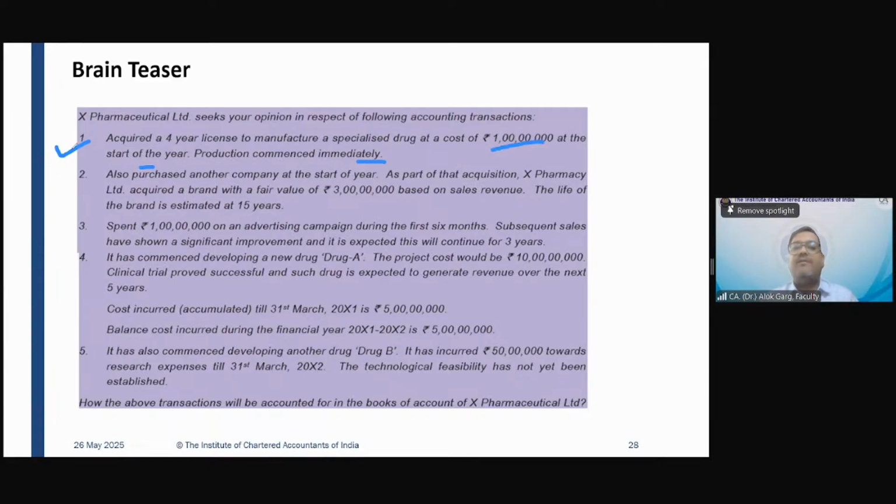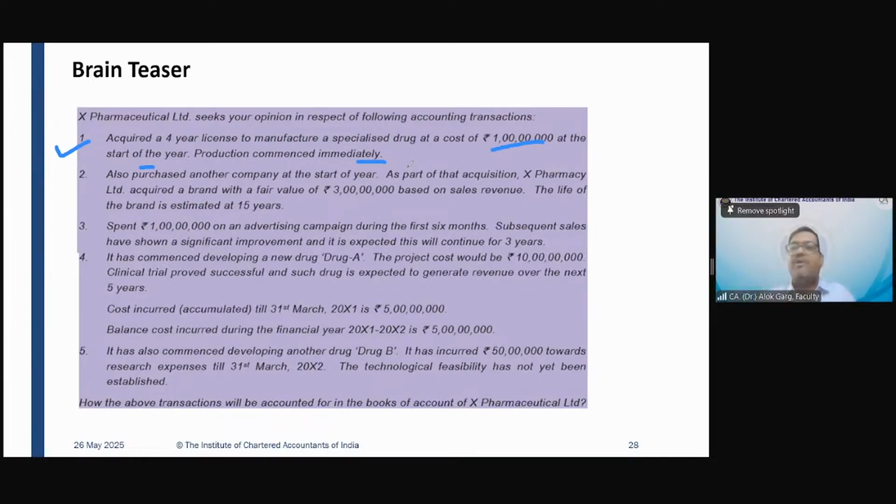This company has acquired a 4-year license. What is the treatment of this transaction? License intangible asset debit to bank 1 crore rupees. So this license has to be capitalized as an intangible asset, and this is a case of separate acquisition. It should recognize the drug license as an intangible asset because it is separately purchased and identifiable.